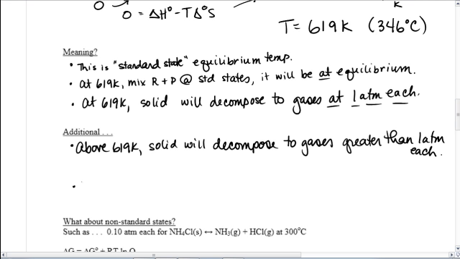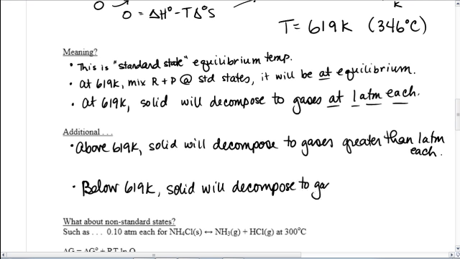And if we think about, and we will compute this in a moment, if we're below 619 Kelvin, which was some of our calculations just a moment ago, the solid will decompose to gases less than 1 atmosphere each.